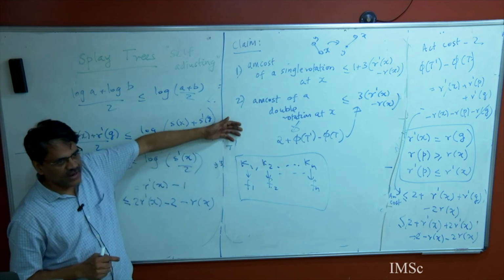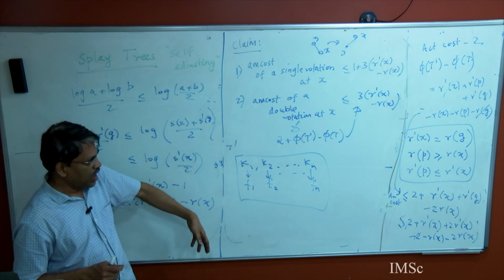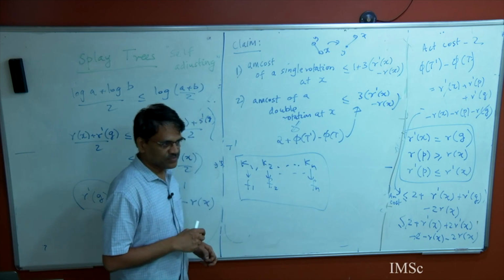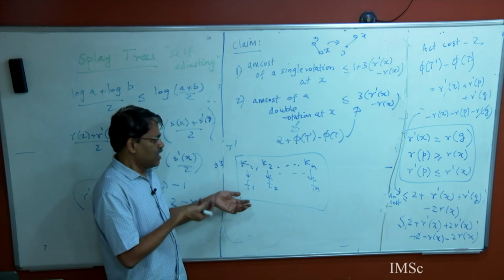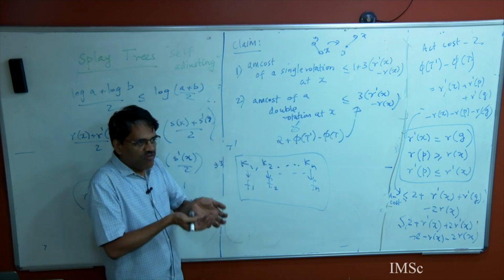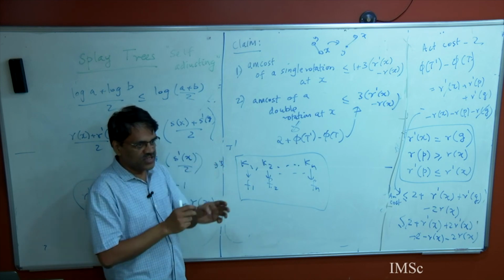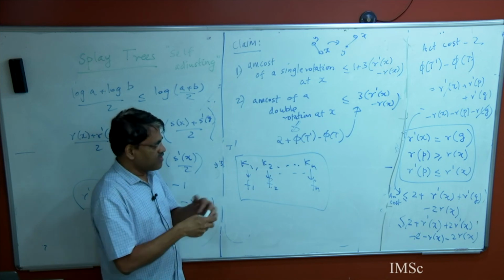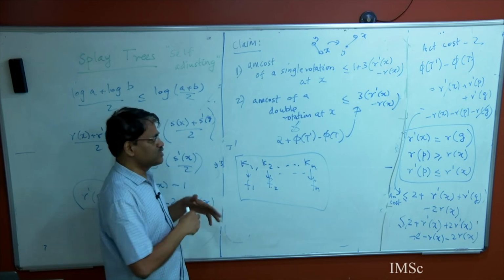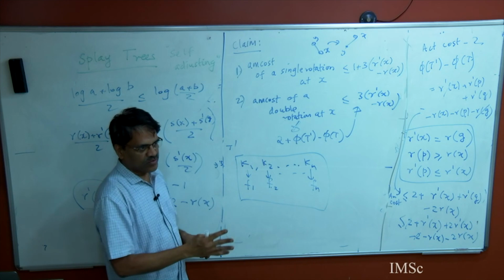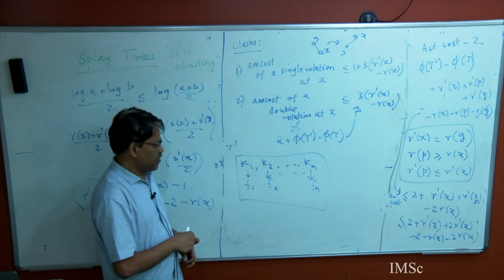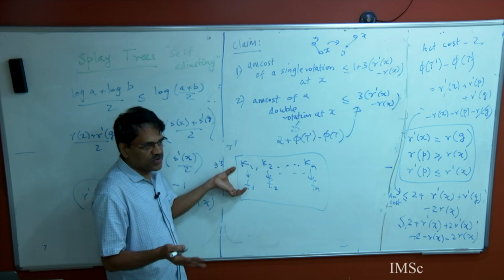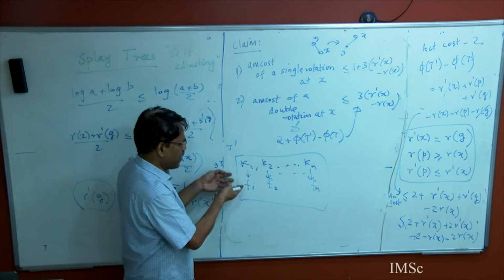Now, the beauty of Splay Trees is that it automatically constructs this optimum binary search tree, because the key that's accessed more often is brought close to the root, which saves the cost of accessing the key later. So not only do Splay Trees have amortized logarithmic cost, they also give you the optimum, I mean, within a constant factor of the optimum.